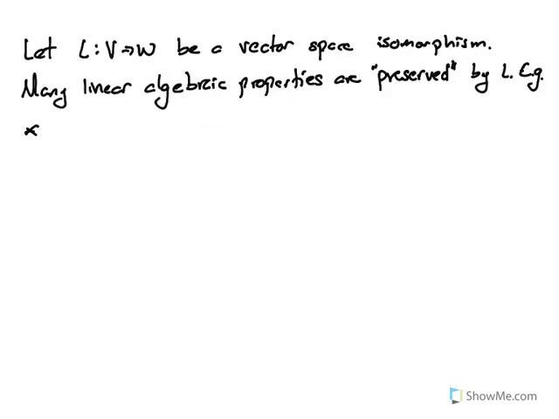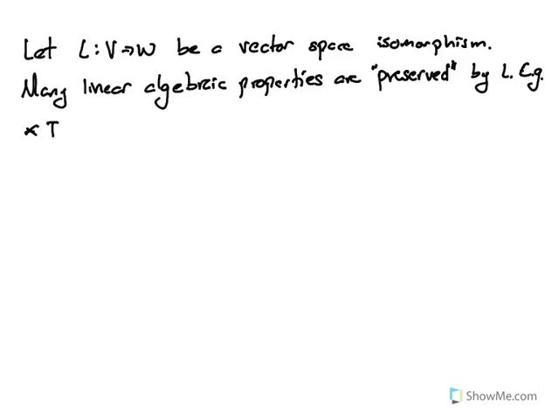Now suppose that L is a vector space isomorphism between two vector spaces. Then the important property here that an isomorphism has is that it preserves a lot of linear algebraic properties. So a lot of the vector space structure of V gets carried over right away to W. So let's state some of these facts.